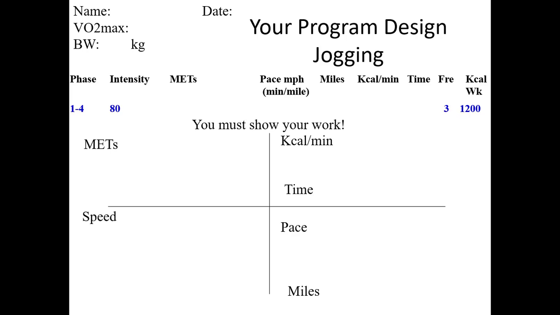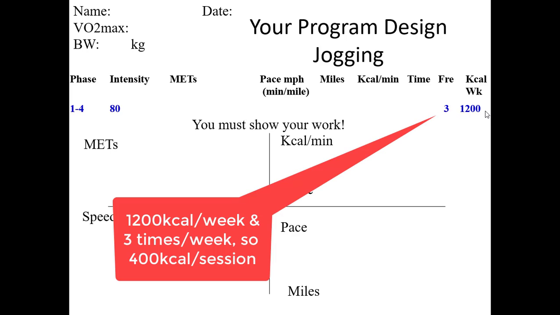And another one, so this person's goal is 1,200 kilocalories per week, but FR means frequency, and the unit is per week. So this person can exercise 3 times per week. 3 times per week, but 1,200 kilocalories per week. So how much kilocalorie per session? 400 kilocalories.